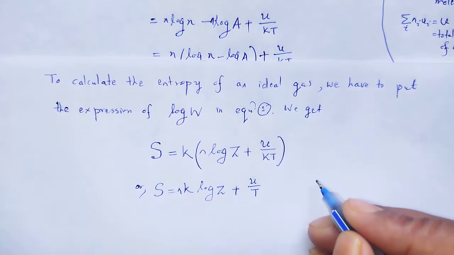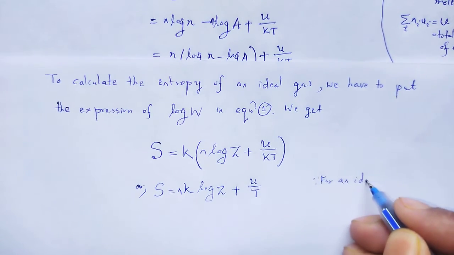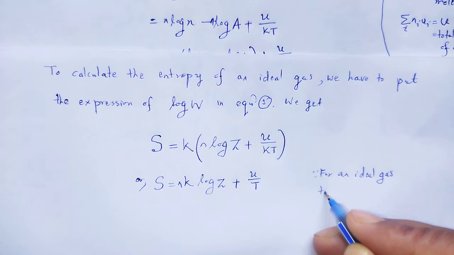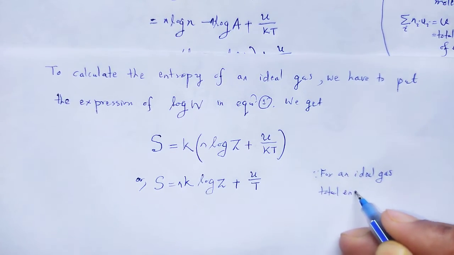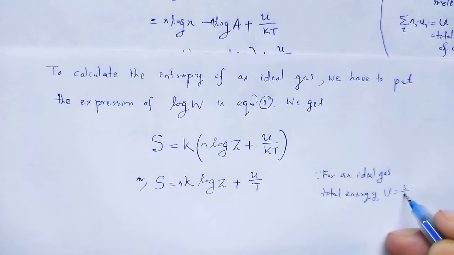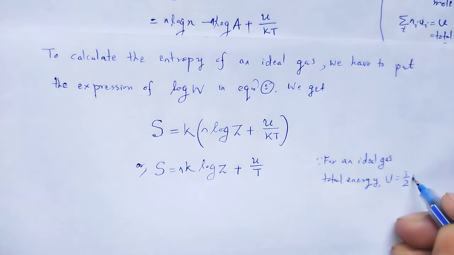For an ideal gas, the total energy U is equal to 3 by 2 NKT.